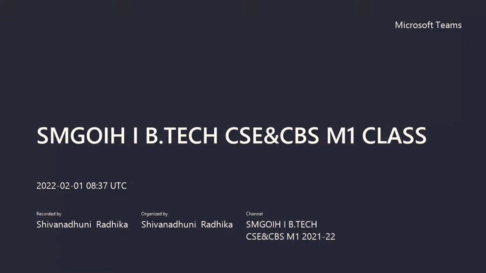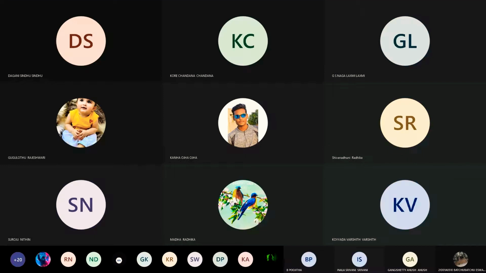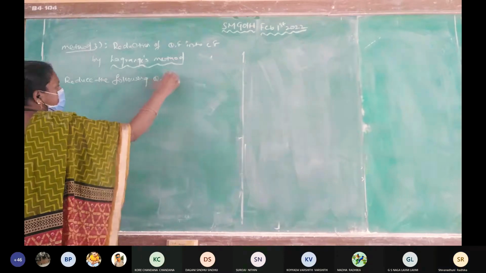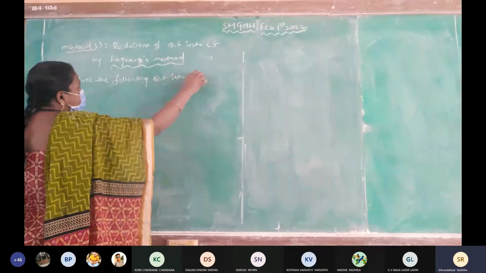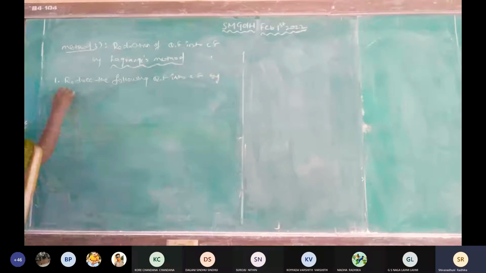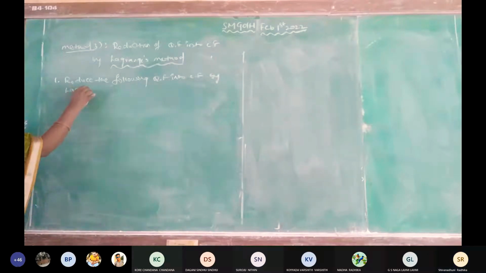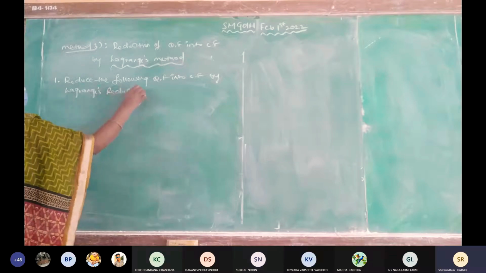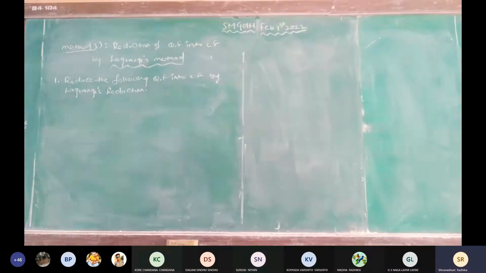Following quadratic form, reduce it into canonical form by Lagrange's reduction.